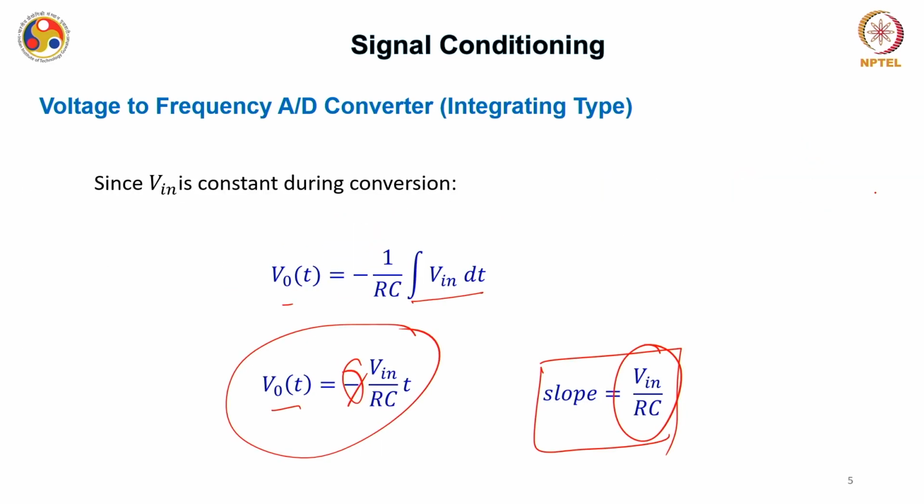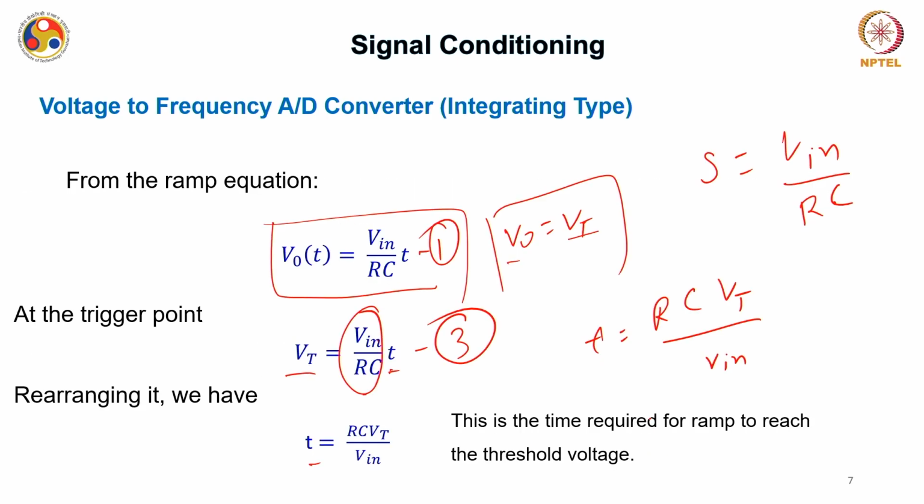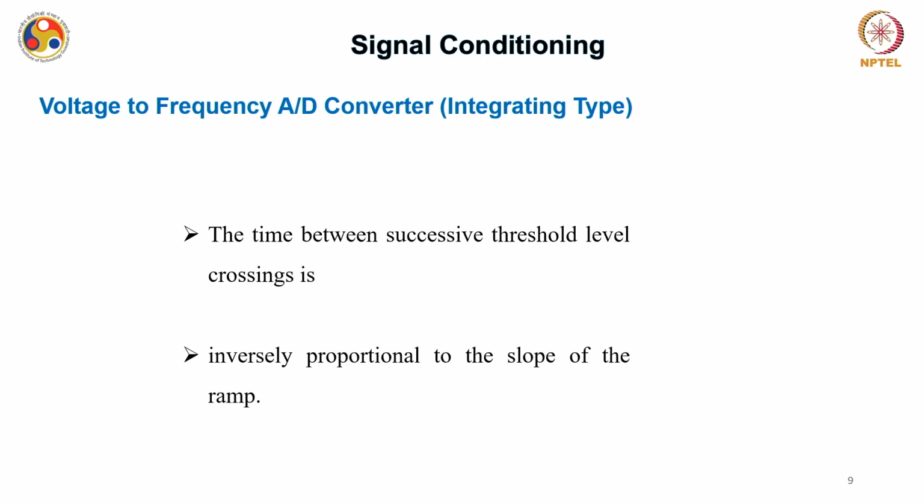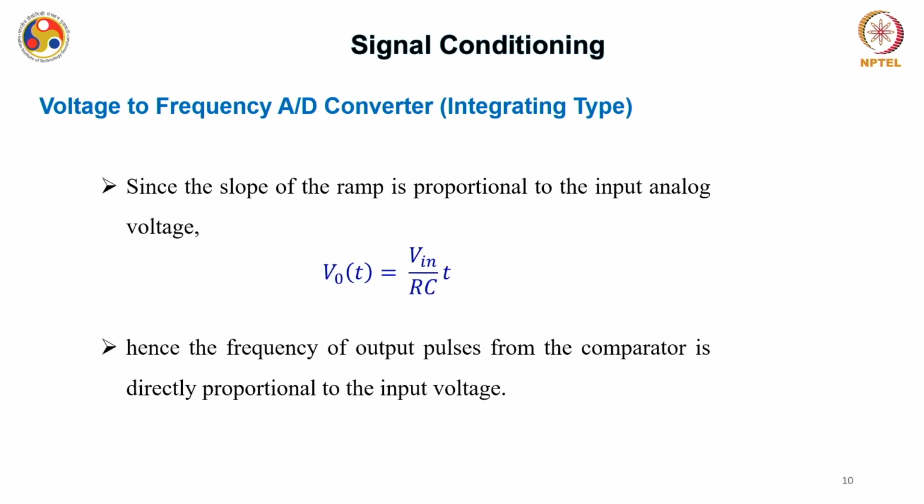We have seen from this equation that the slope is equal to Vin by RC. I can write RC by Vin as 1 by S, or 1 by slope, so T is equal to 1 by S into Vt. And that is why I have mentioned that the time between successive threshold level crossings is inversely proportional to the slope of the ramp.